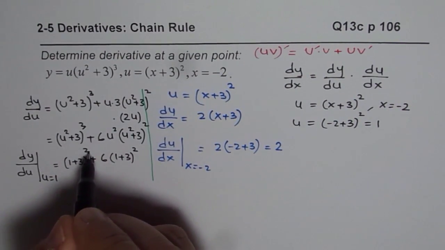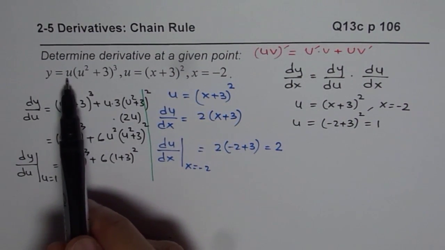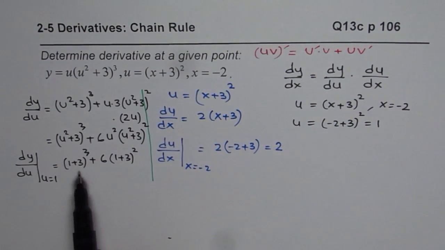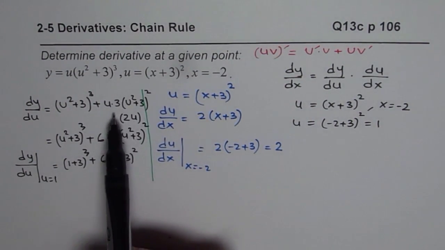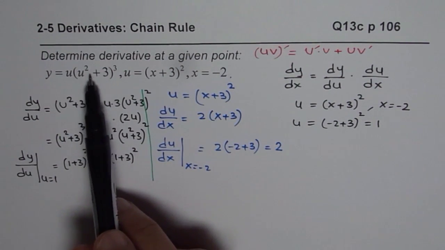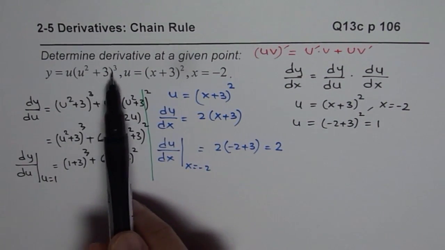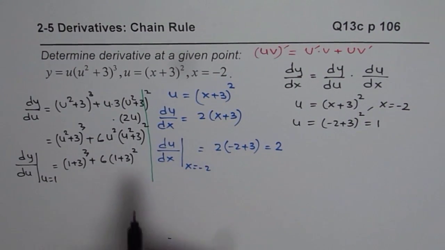Yes, it's cube, that will make a huge difference. The first term was the derivative of u times the second term, which is (u square plus 3) whole cube, so I should have had cube here, which I have now. And the second term is u times the derivative of (u square plus 3) whole cube, which is 3 times this number square times the derivative of the inside, which is 2u.